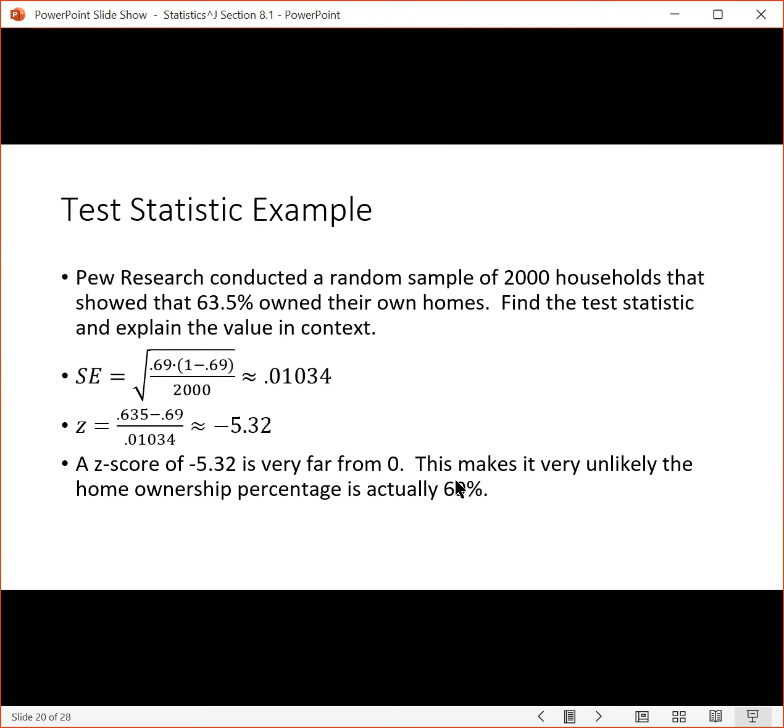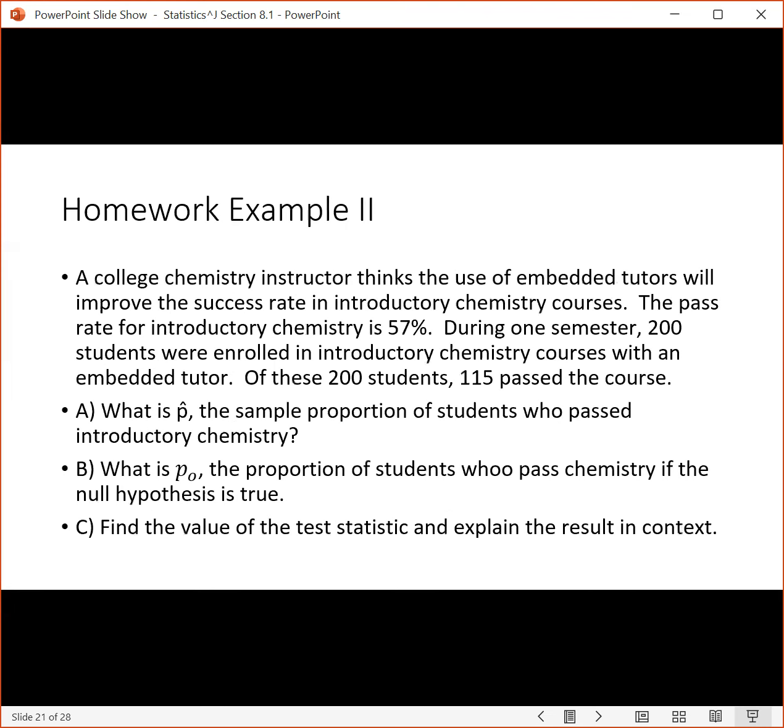And so a z-score of negative 5.32 is very, very far from 0. All right, so this makes it very unlikely that the home ownership percentage is actually 69%, right? So if a z-score close to 0 tells you that the null hypothesis was correct, then a z-score far from 0 is going to tell you that the null hypothesis was incorrect.